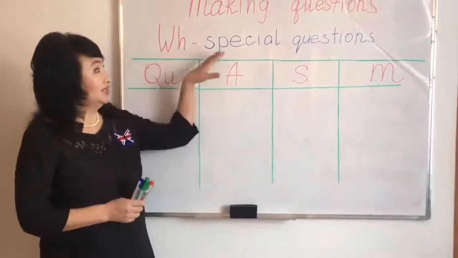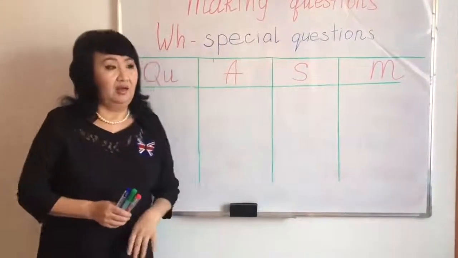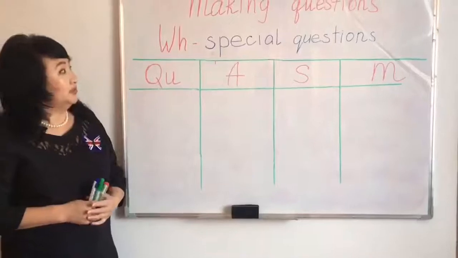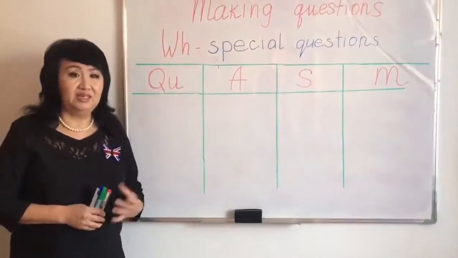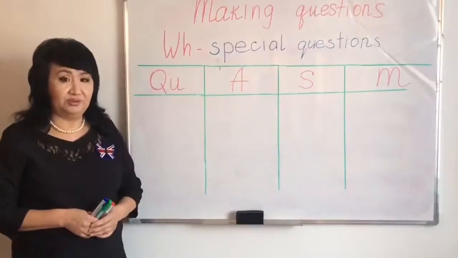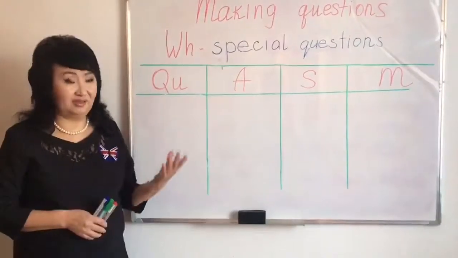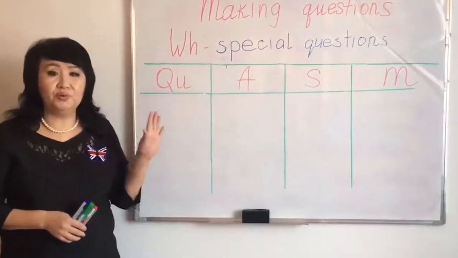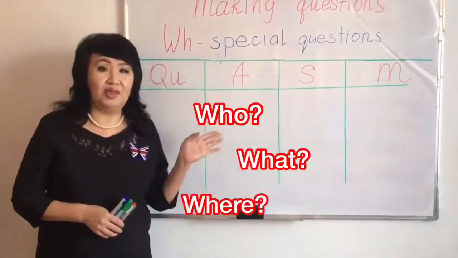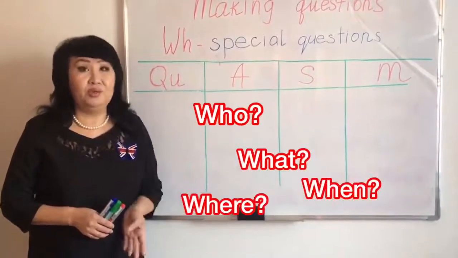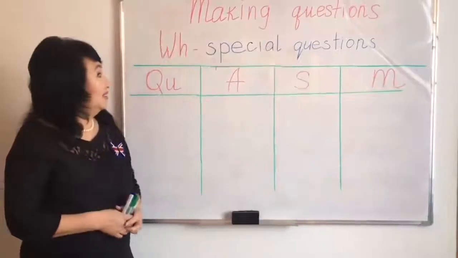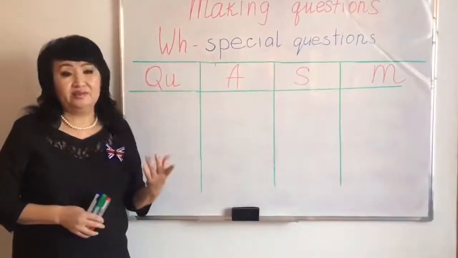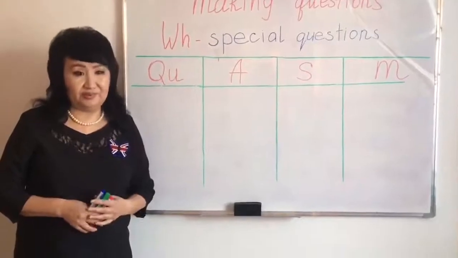The main feature of special questions is that they need WH at the beginning of the sentence: who, what, where, when, which, how many, how much, etc. Then they need auxiliary verbs.